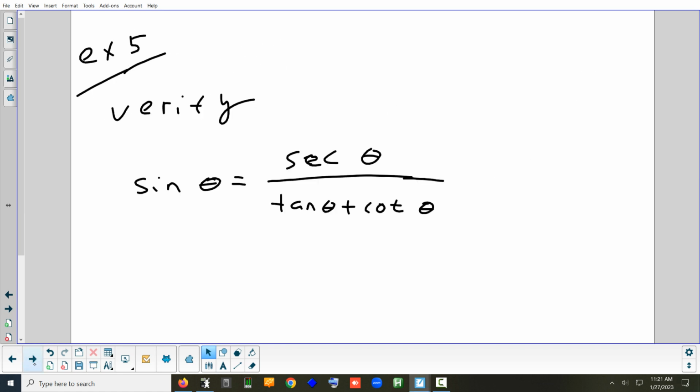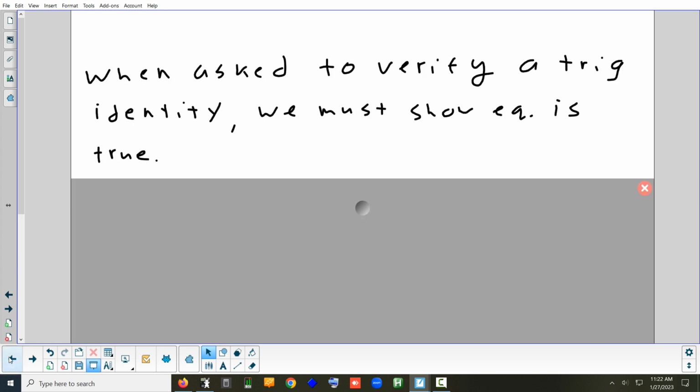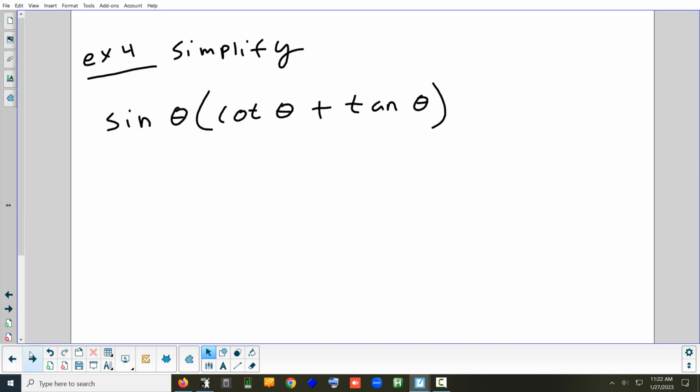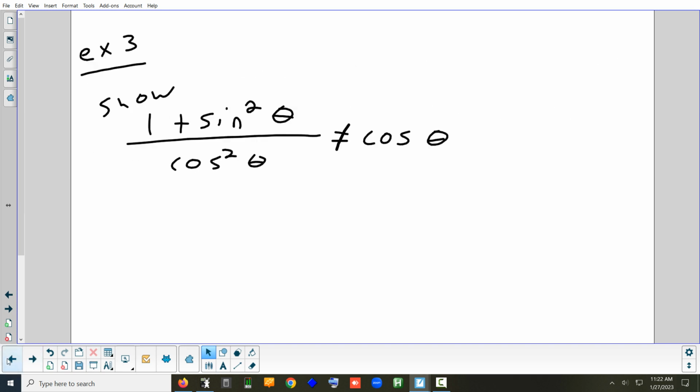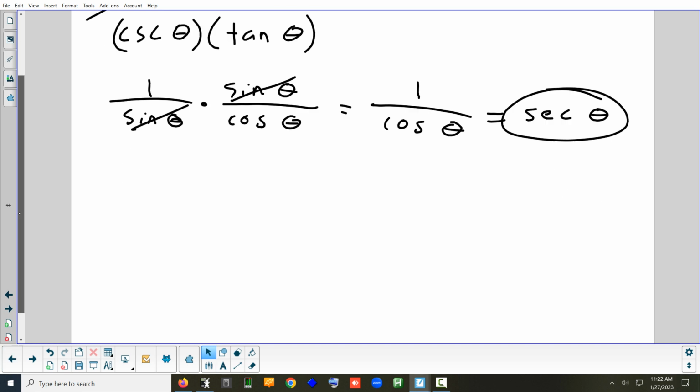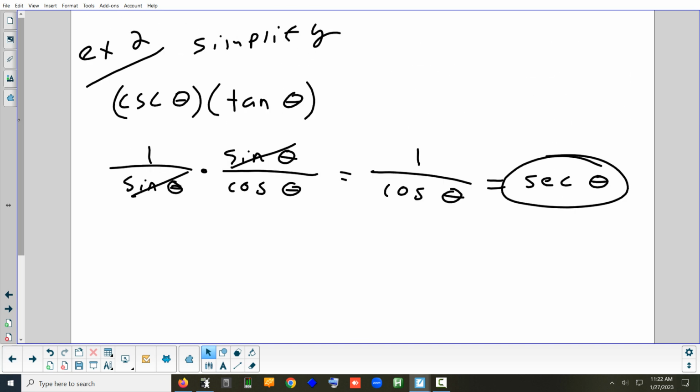With verify, it's actually easier because they tell you what to start with and what you're going to get as an answer. Then all you have to do is figure out how to get from one side to the other, so you know when you're done. In a simplify problem, it's a little bit more vague. Simplify basically means keep going till you think you're done. Any question on that one?